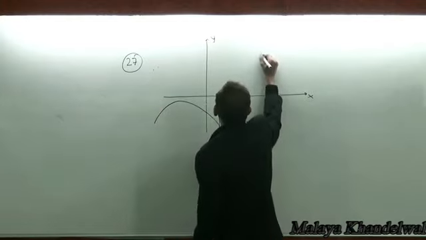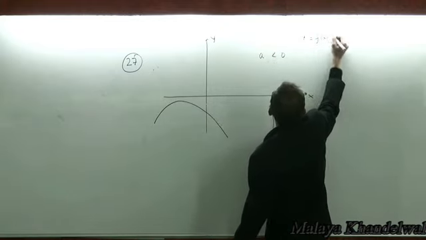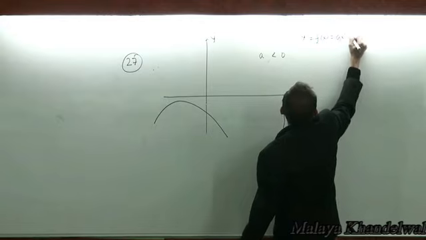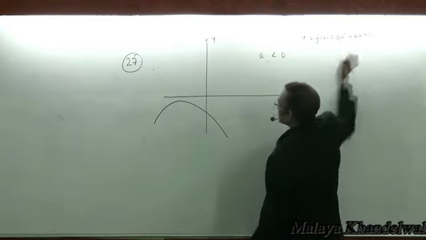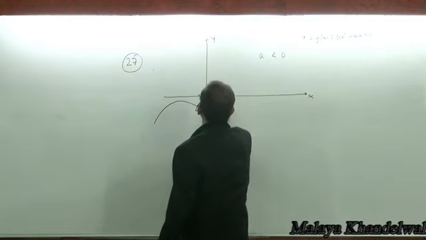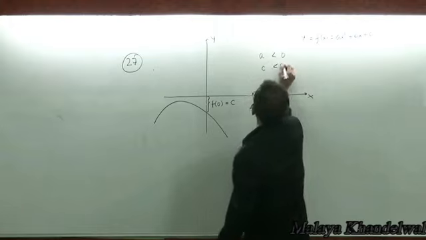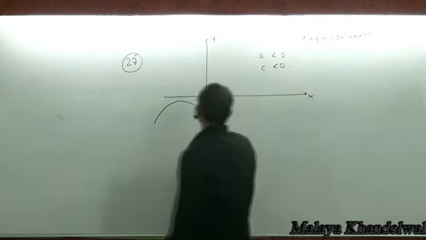This is A less than 0. Why? Downward opening parabola. This is f(0), the value of the function at x equal to 0. C is negative here, right?